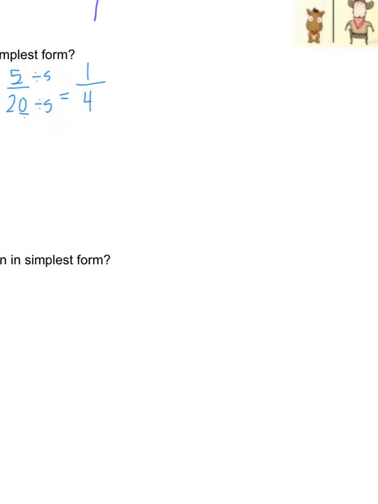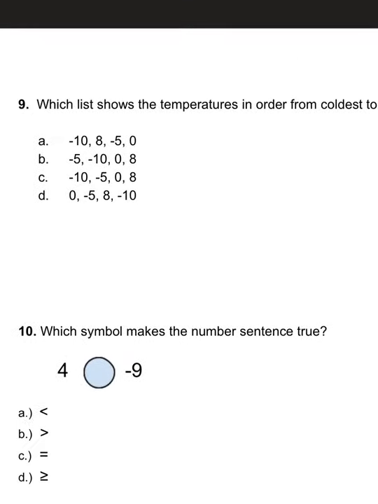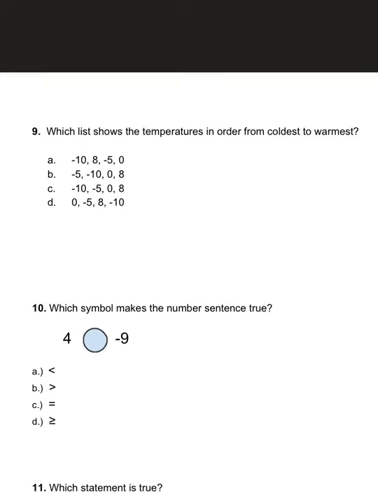Number 9. Which list shows these temperatures in order from coldest to warmest? When you have cold temperatures, think of a number line like a thermometer. Here's 0, 1, and so on, and in this direction is negative.